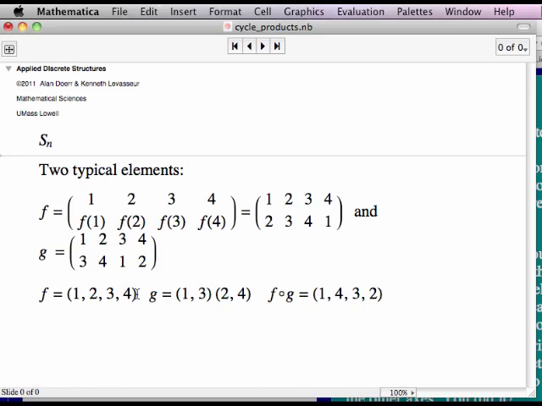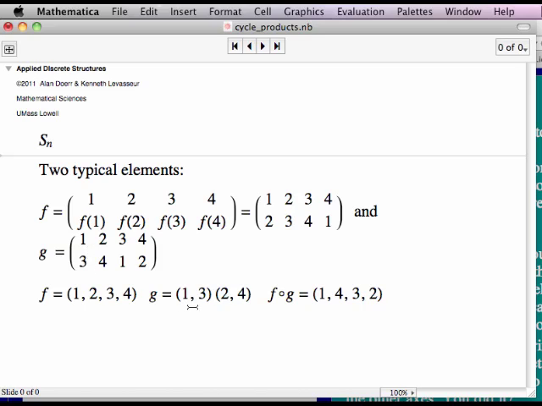So we close off this cycle, and it's presumed that the image of each element is what follows it, and the image of 4, the last number, is the first number. And this is called a cycle of length 4. All the elements happen to be involved in that cycle. The second function, g, is a little bit different.